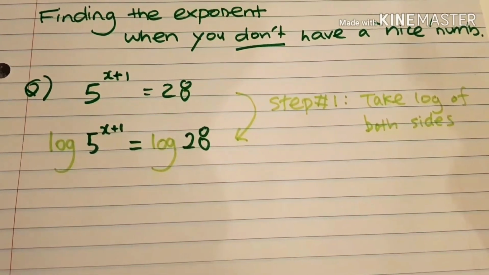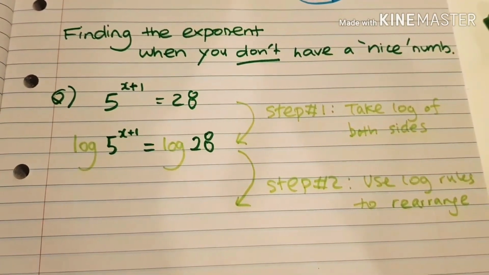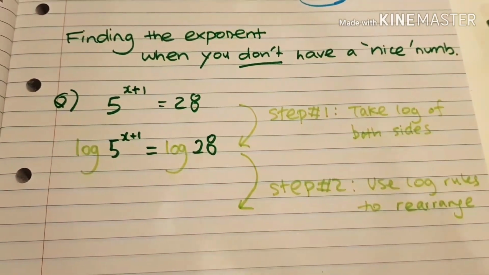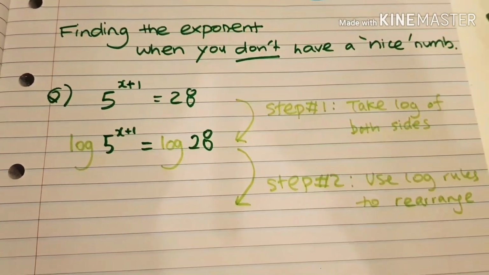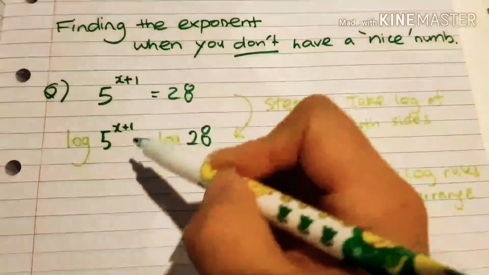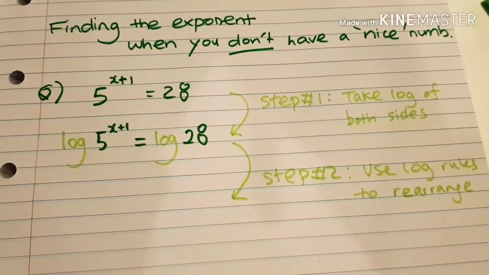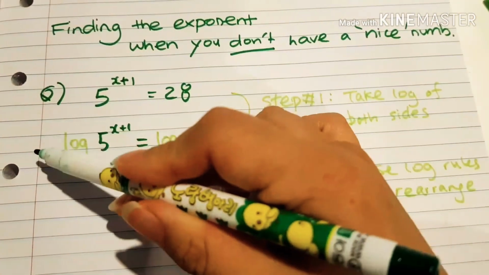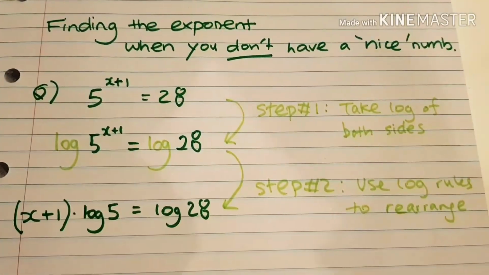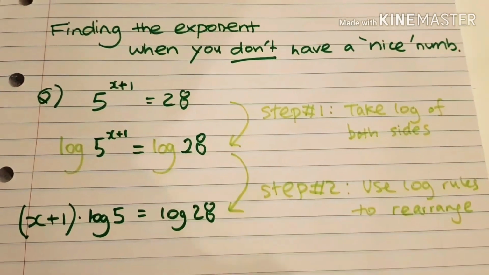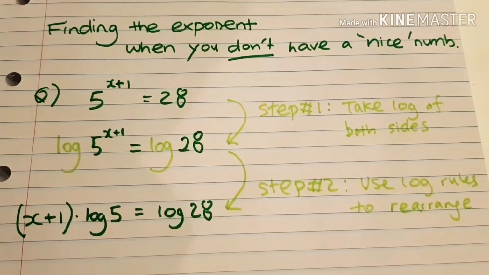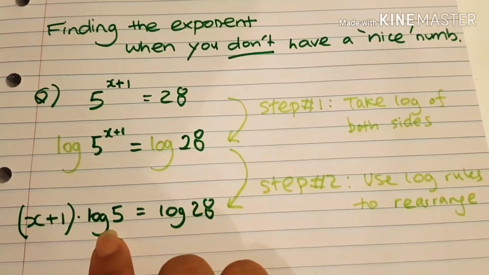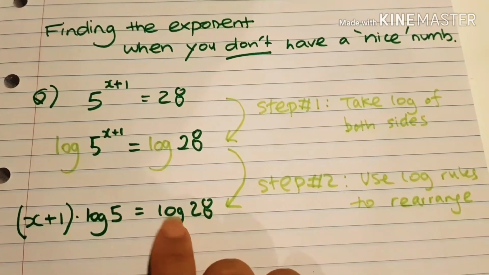Why do you think I do that? I put log on both sides to use the logarithm rule. Using the log rule, the power x plus 1 can come down in front. Like this. So I have (x + 1) multiplied by log 5 equals log 28.